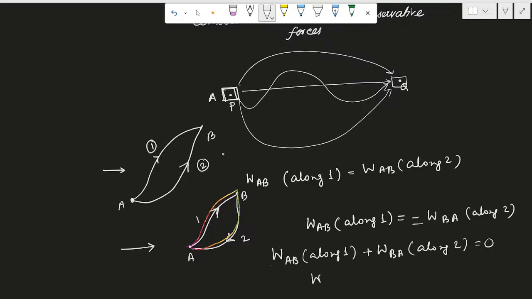So the work done in this closed path ABA is 0. Don't write ABBA, write ABA. This is an important concept: if you have a closed path and they ask about the work done, it should be 0.